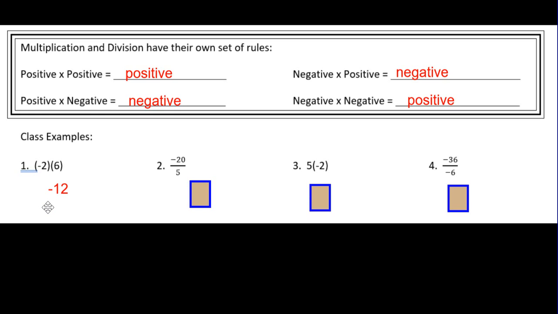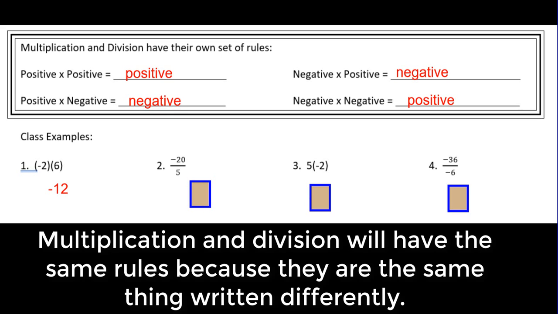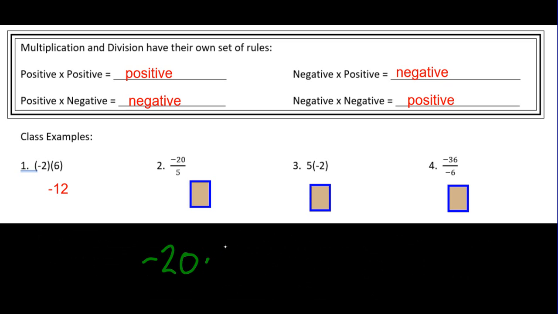Here, negative 20 divided by 5, we're going to have the same rules, and remember that the rules for multiplication and division are always going to be the same because they are the same thing, just written differently. Remember that I can write negative 20 divided by 5 as negative 20 times 1/5, because if we put negative 20 over 1 times 1 over 5, that gets us negative 20 over 5.